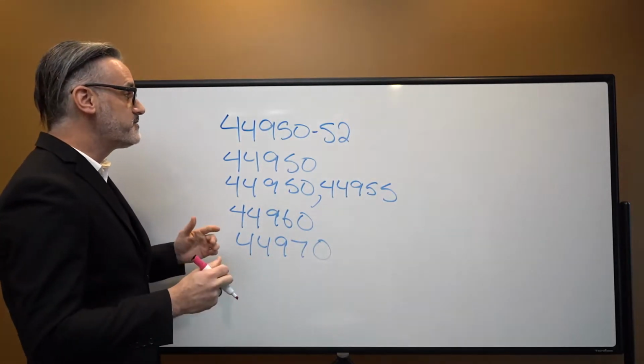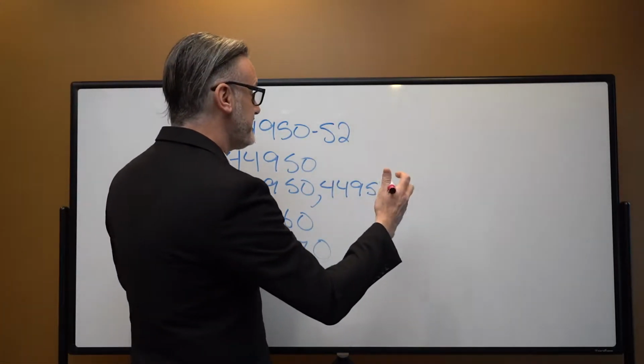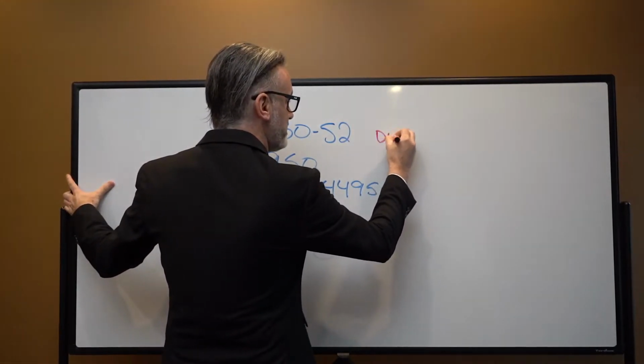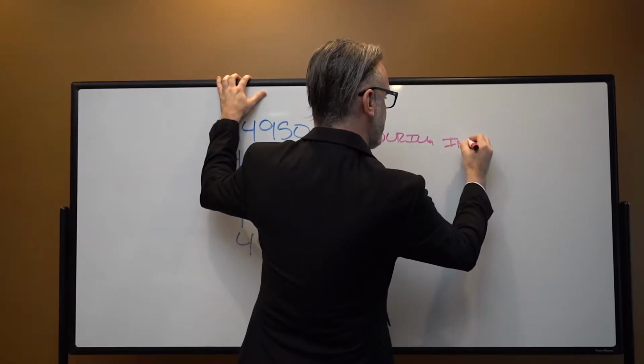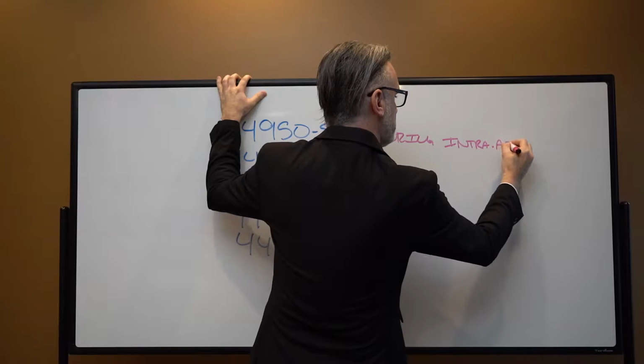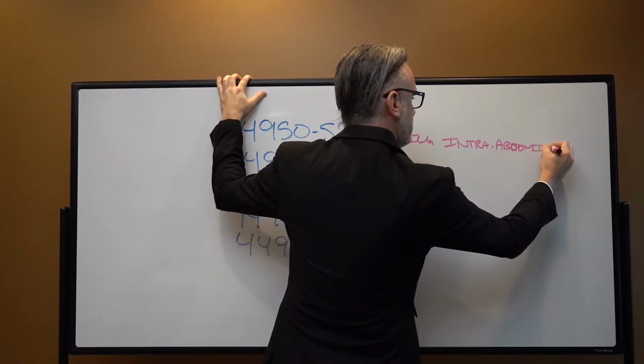So as far as the notes here, we'd use 44950 modifier 52 if the appendectomy is during an intra-abdominal surgery.